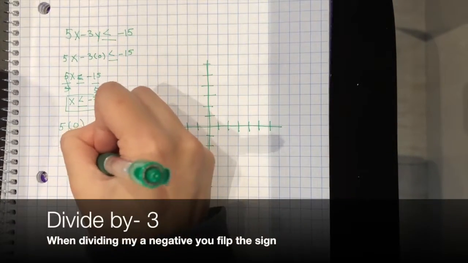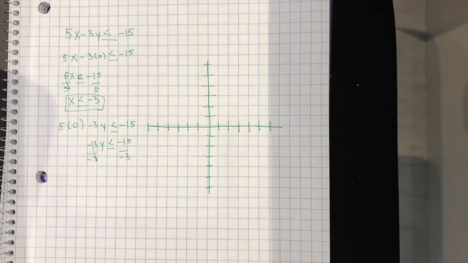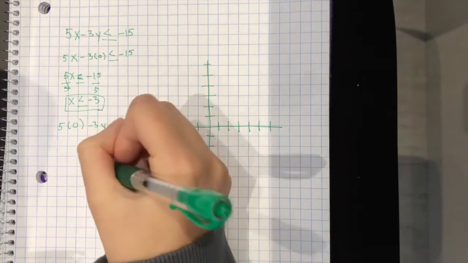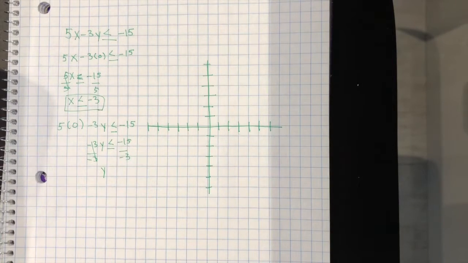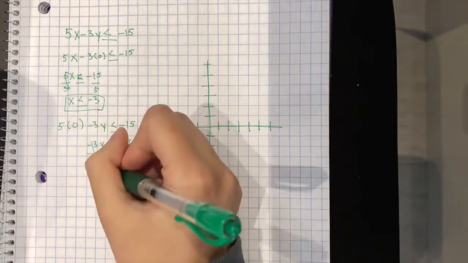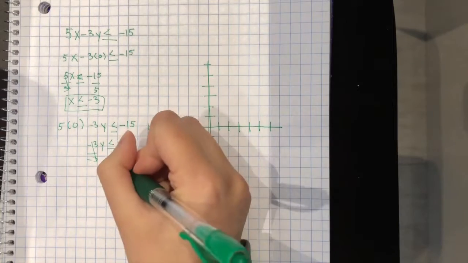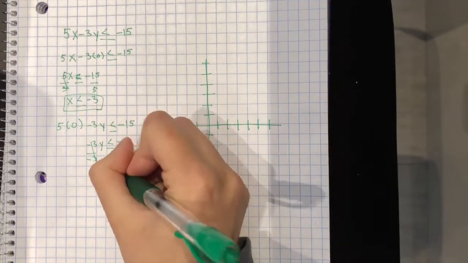We're going to divide by negative 3 on both sides. When we do this, y is now greater than or equal to, because the sign flips when you divide by a negative, and also when you divide two negatives it becomes a positive, so we have y is greater than or equal to positive 5.